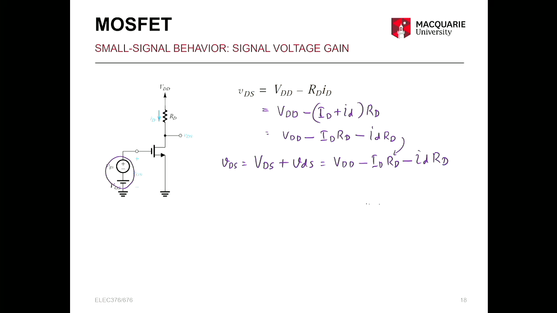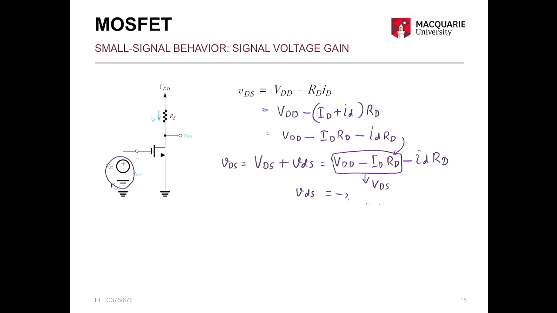So we are only interested in the AC, not the DC part. So we can just consider the AC part, which is the small letter vds. VDD minus IDRD is the DC part. This gives us the DC part of VDS. So we are not interested in the DC. We can block it out using a coupling capacitor.